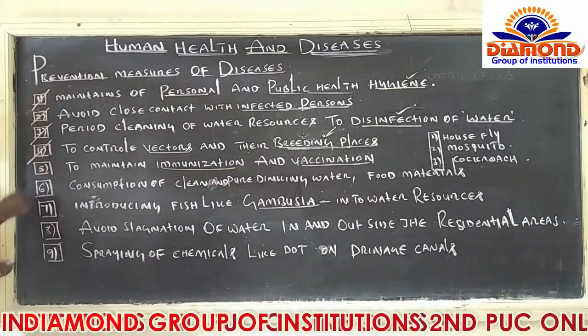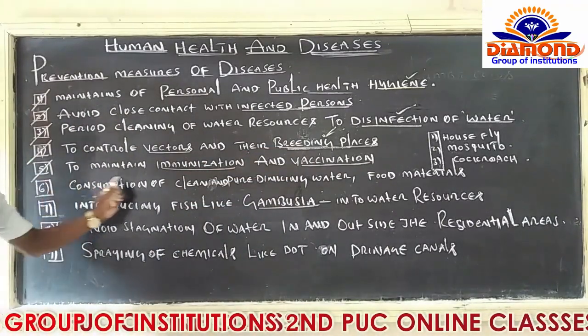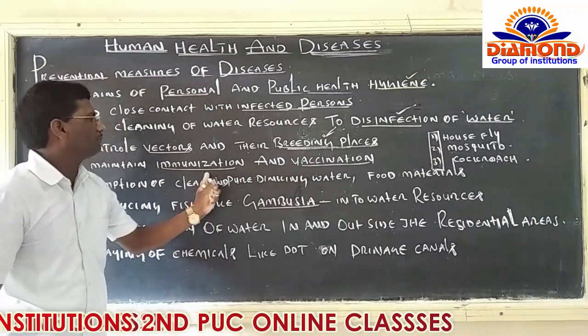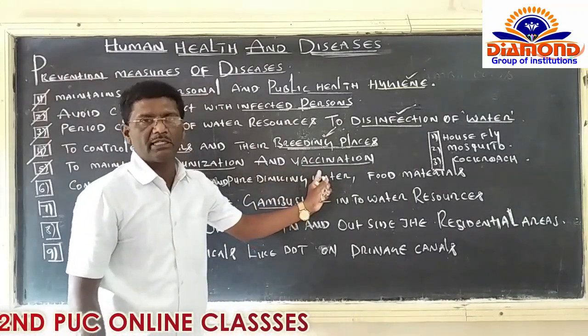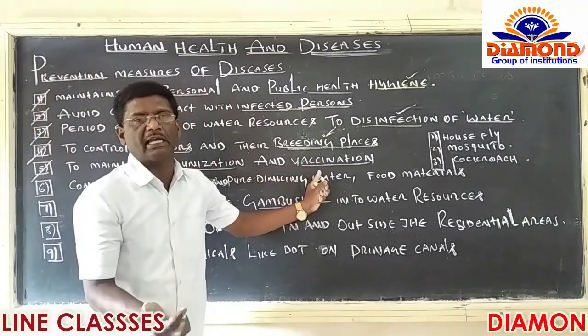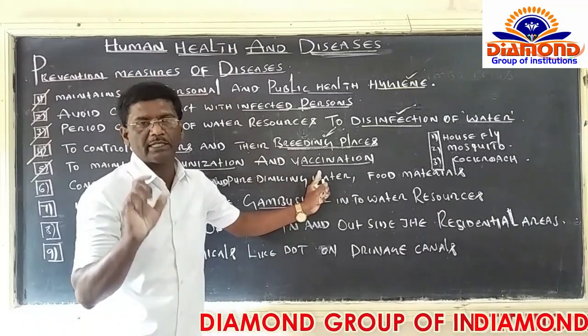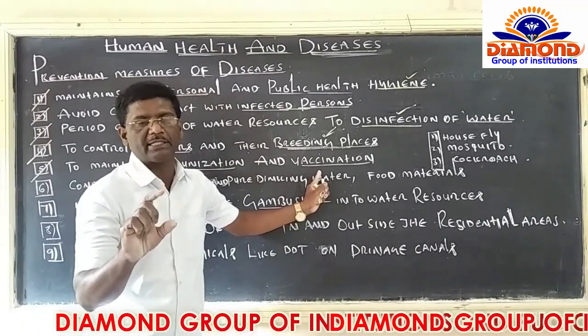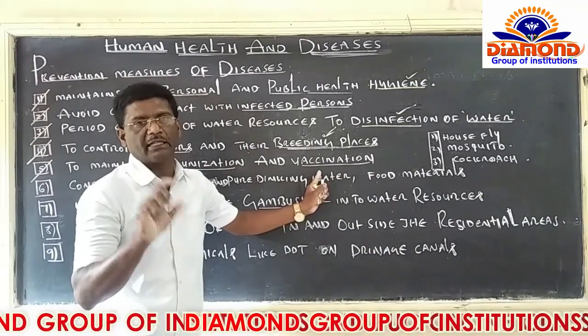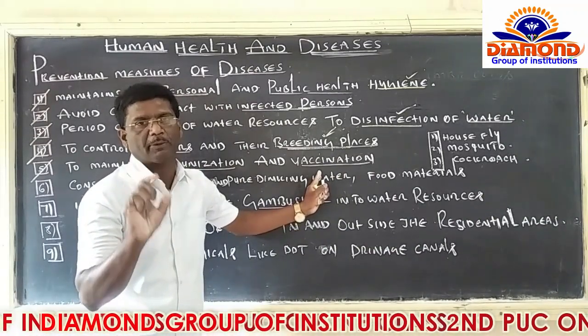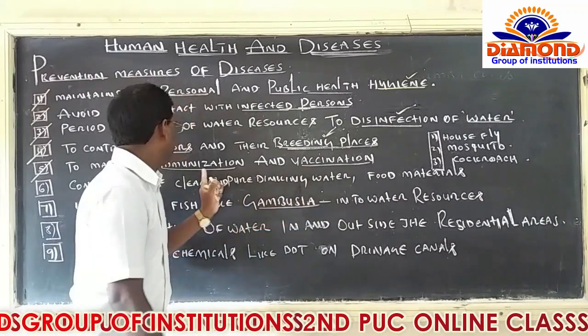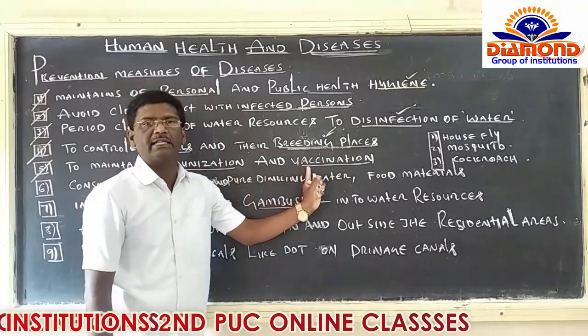And point number 5 is to maintain immunization and vaccination. What is meant by immunization and vaccination? For the purpose of resisting one particular disease, we take medicine. That process is called immunization or vaccination.